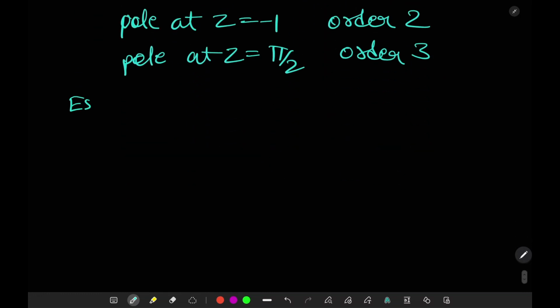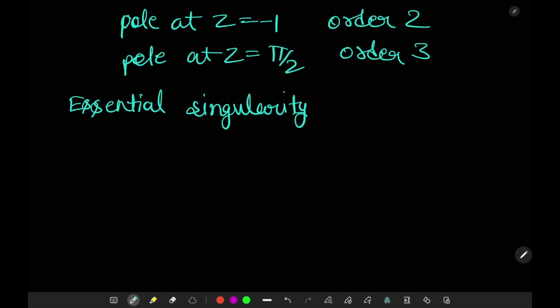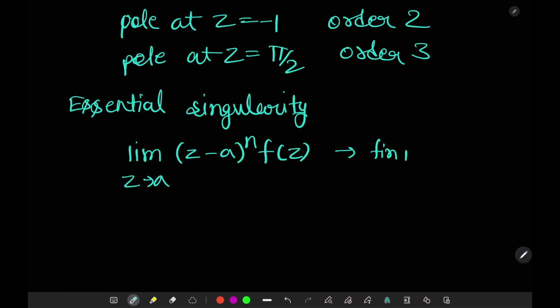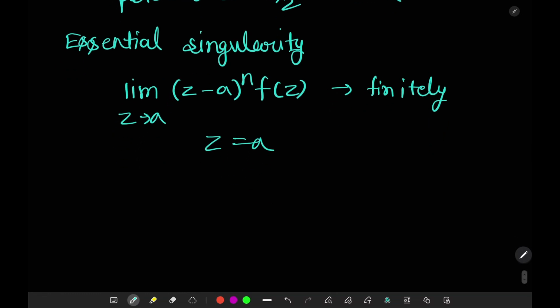Now another, essential singularity. If there does not exist a finite value of n such that the limit as z tends to a of (z minus a) whole power n times f(z) exists finitely, then z equals a is said to be an essential singularity.